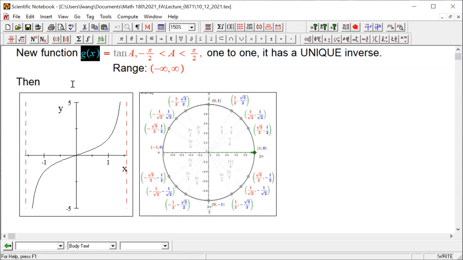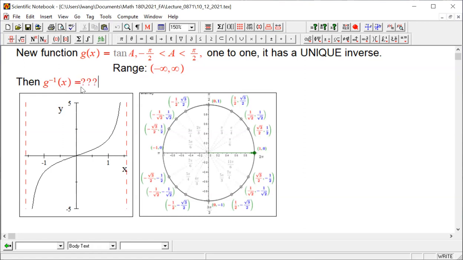Before we give a name to the inverse, we know that the inverse exists. And we also know the domain and range of that inverse. What will be the domain and range of the inverse? Before I give it a name, what will be the domain for the inverse of G? You tell me.